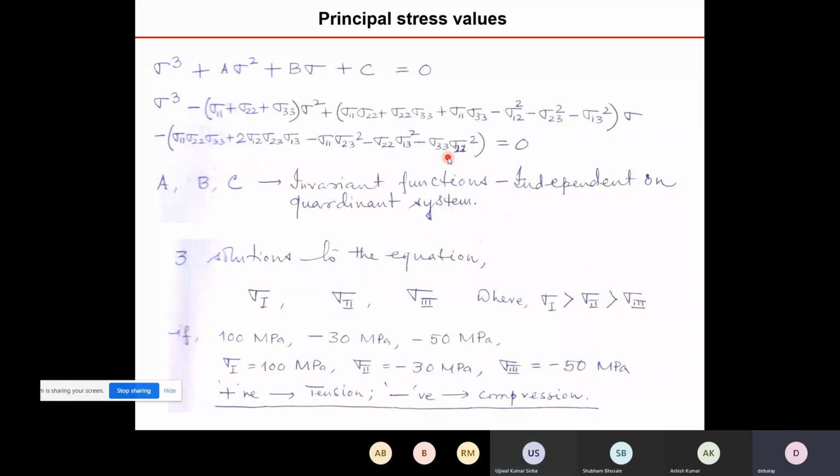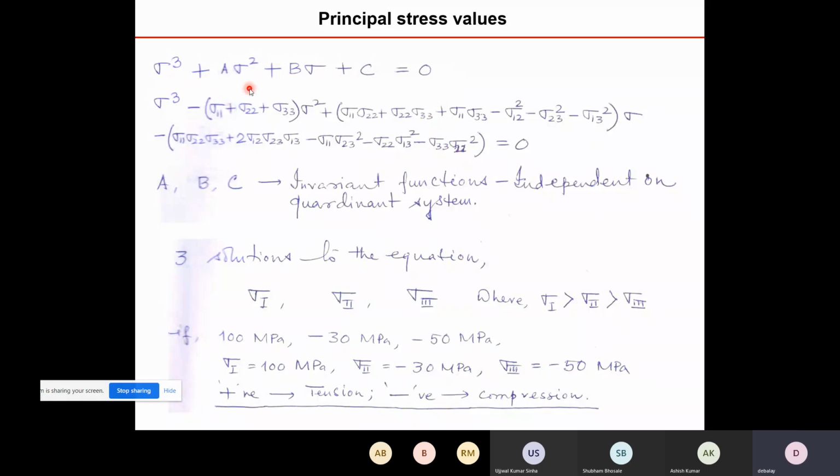This part immediately I cannot say. Okay, immediately I cannot say. But I will get back. I also don't remember, so I will think and discuss with the TAs and get back. But suppose A, B, C are real, do you think complex values can be there?